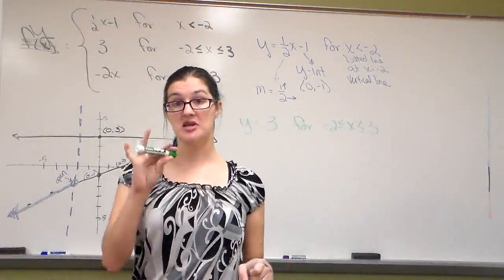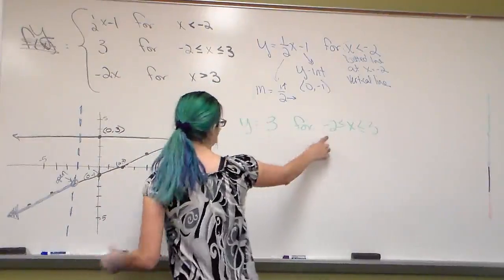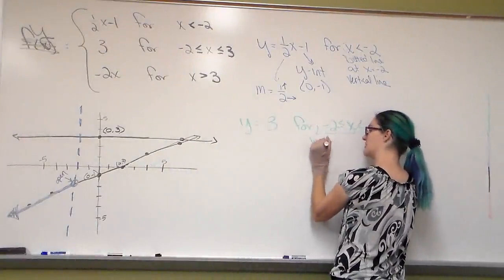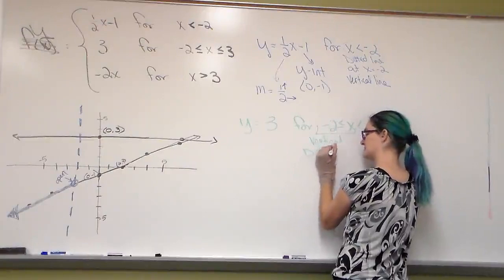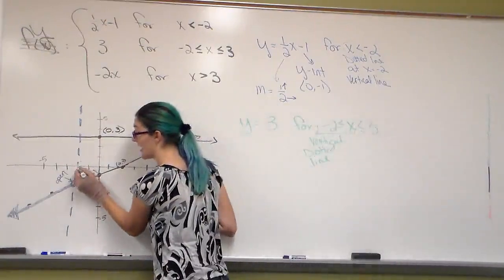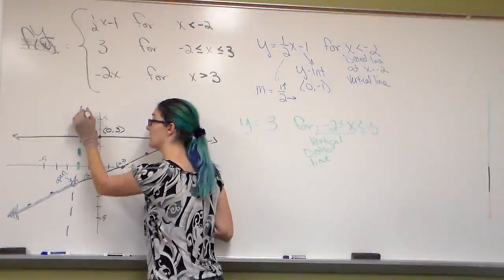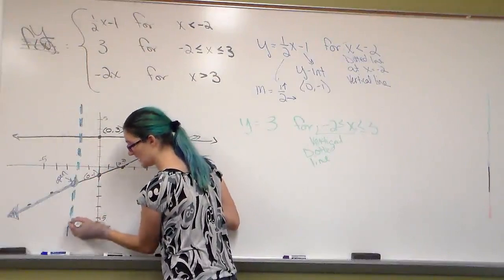So what I'm going to do is with my green marker, because I did this line in green, I'm going to go at -2, and I'm going to put a vertical dotted line at -2. And I already have a blue dotted line here, but I'm going to add a little bit of green to it, just because that gives me more of a visual idea what this line is doing.